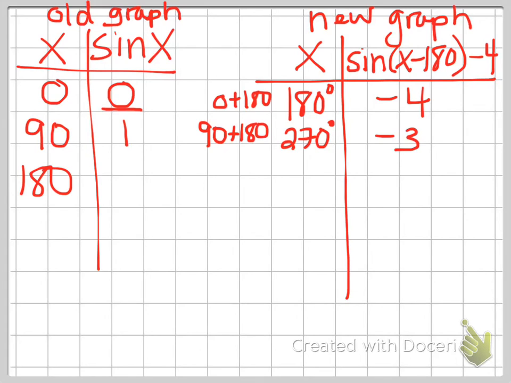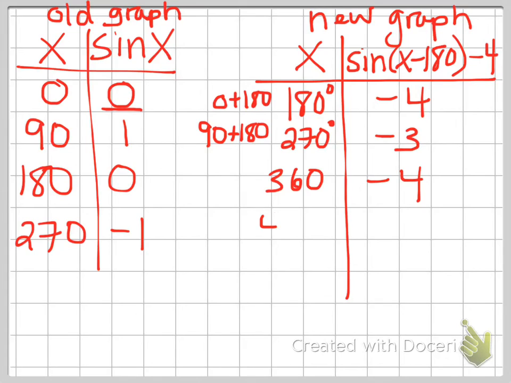Next one is going to be 180. We're back at 0. 180 plus 180 is going to be 360. 0 minus 4 is negative 4. Then we have 270 and negative 1. 270 plus 180. Fill this out. You should be writing on your page as I'm doing this as well.